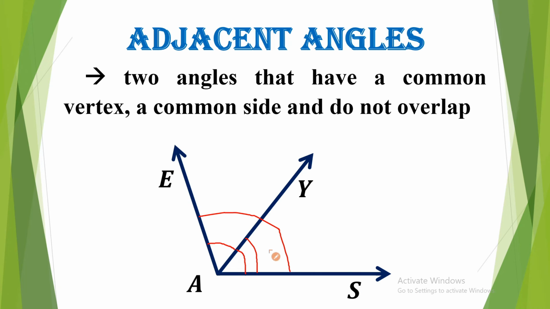So these two angles are overlapping angles because angle YAS is a part of angle EAS. So again, the adjacent angles here are angle EAY and angle YAS.